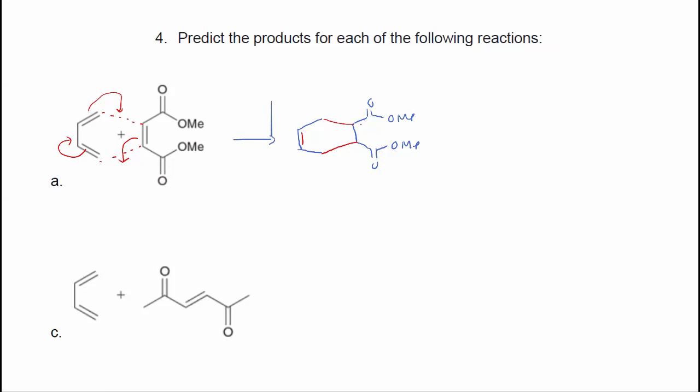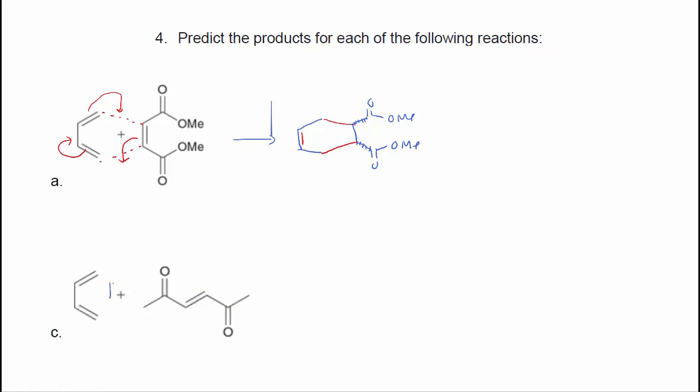And then we didn't really indicate here, but these are on the same side as each other because this was a cis alkene to begin with. And I only point that out because on the second example here, we have a trans alkene.